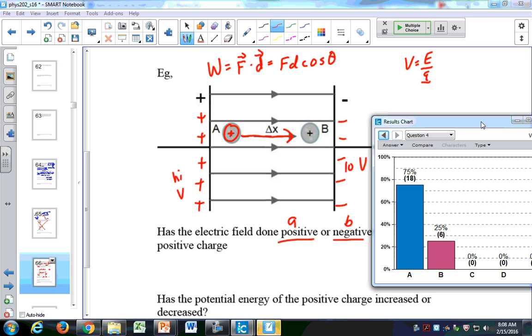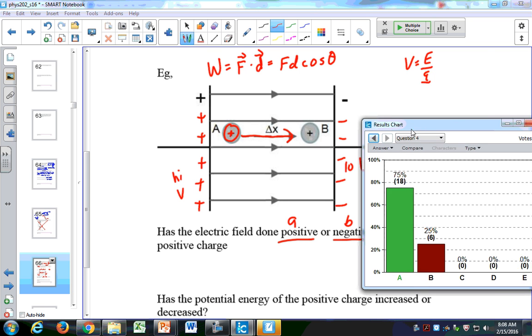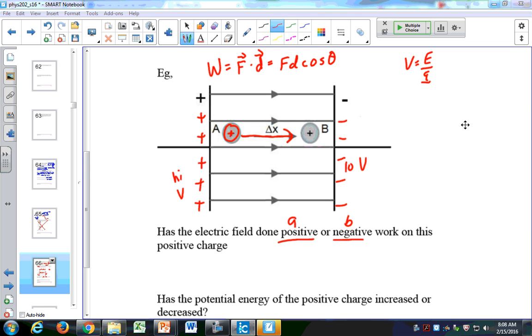If they're in opposite directions, theta is 180, and that's going to be negative work. If they're perpendicular to one another, theta is 90, and that's going to be equal to 0. So here my work is positive. A is the right answer, because the force and the displacement are in the same direction.